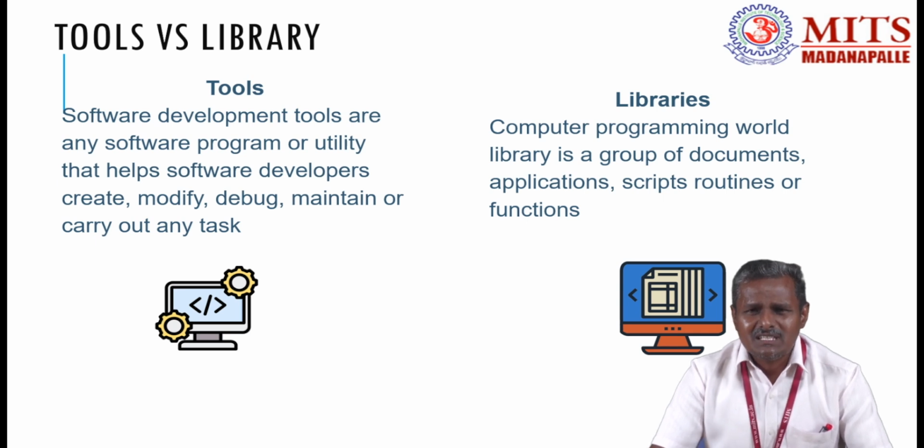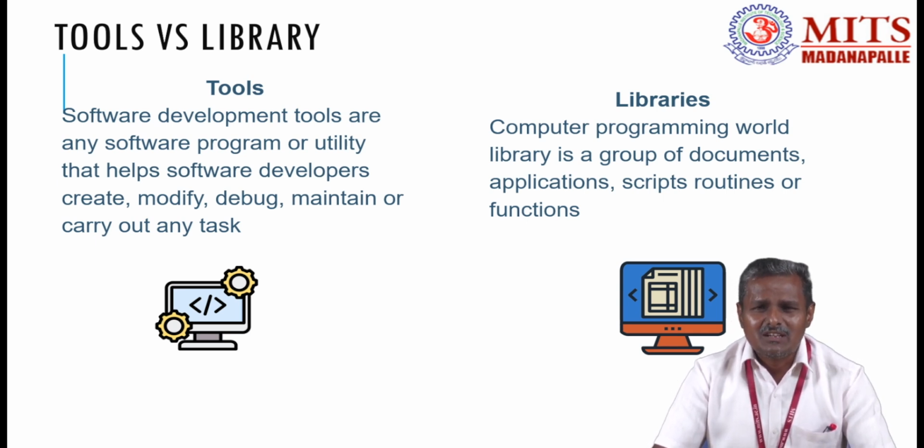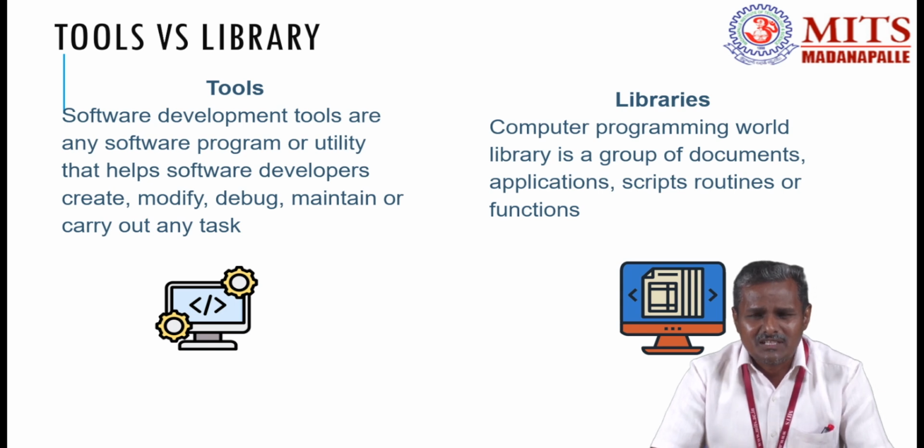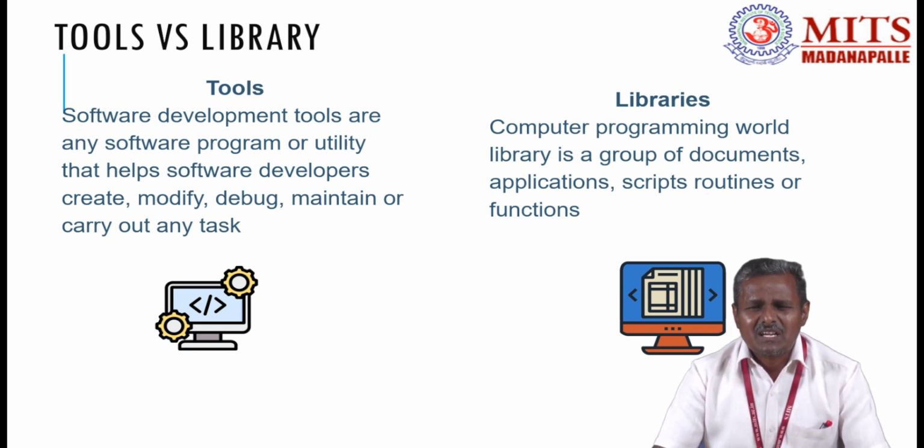Then what is meant by a library? A library is a part of software development. For example, in Python we have many packages and libraries that we use to develop applications. Even in C, C++ and Java programming languages, we include many header files and import some packages.